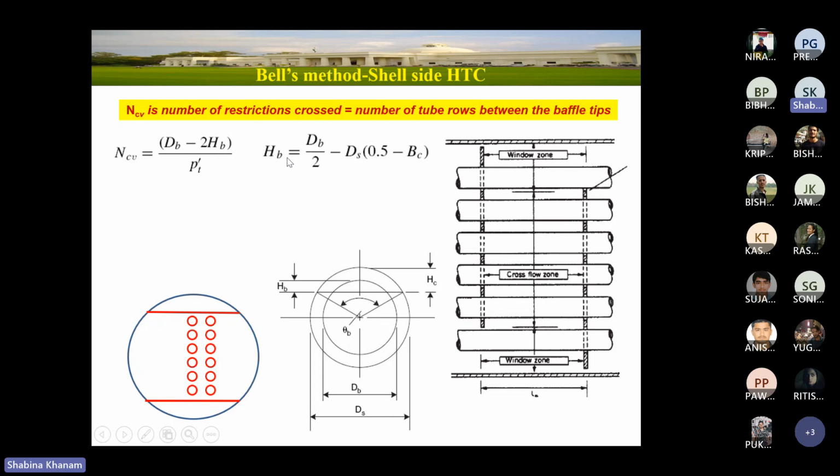When I am considering HB, it is denoted by dB by 2. dB by 2 means half of bundle dia, this height.